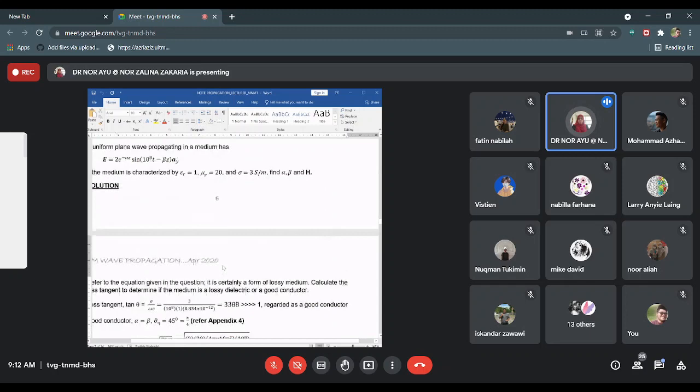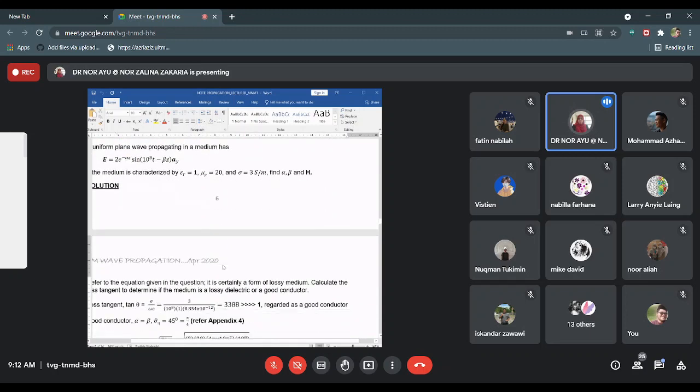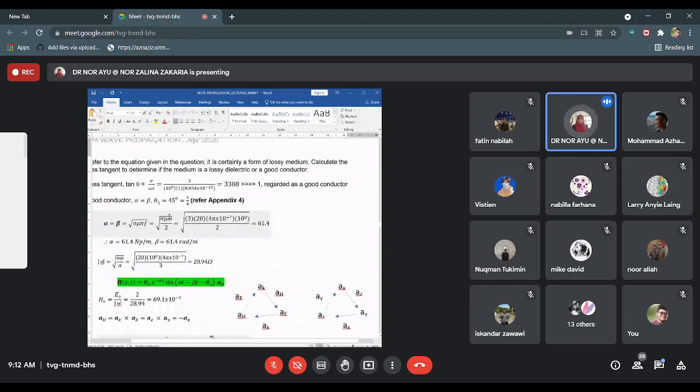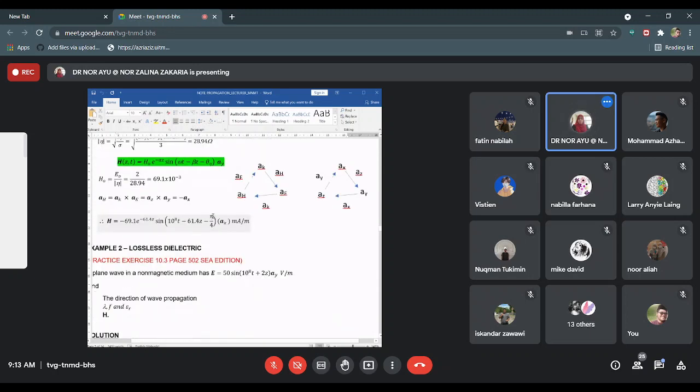I think it was given earlier, but it isn't here. Oh yes, pi over 4 because it is a good conductor. Refer back to your appendix: you can see that the intrinsic impedance angle will be 45 degrees. It will be pi over 4 because it is in radians. So pi over 4 here for your intrinsic angle.